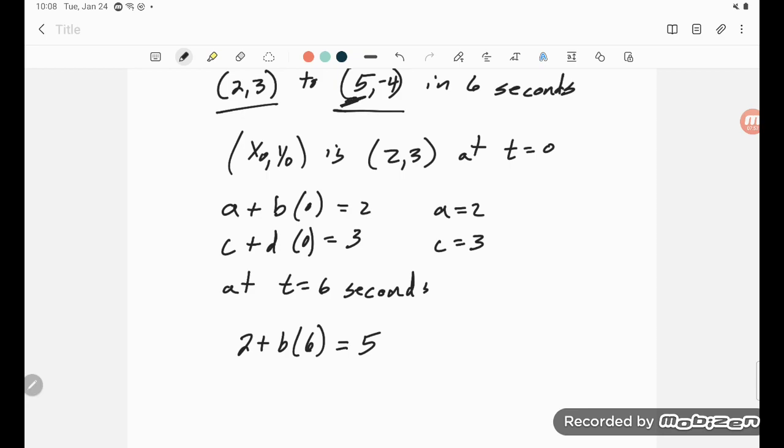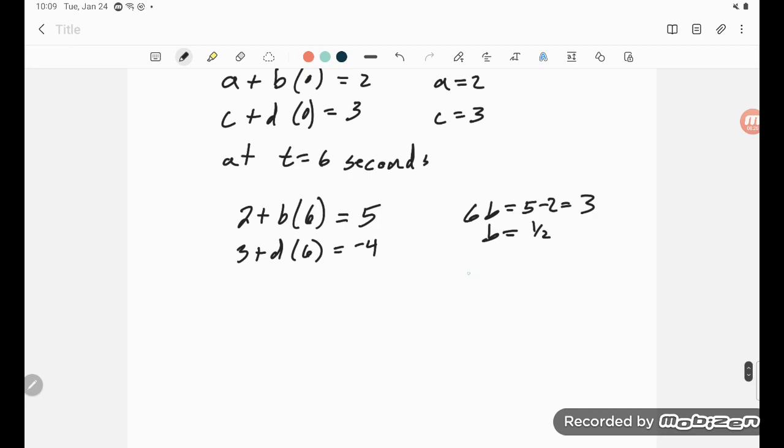That's our position, 5. And then 3 plus D times 6 is equal to negative 4. We can use these to find B and D. So 6B equals 5 minus 2, or 3, and so B equals 1/2. Similarly, 6D is equal to negative 4 minus 3, which is negative 7, and so D is equal to negative 7 over 6.